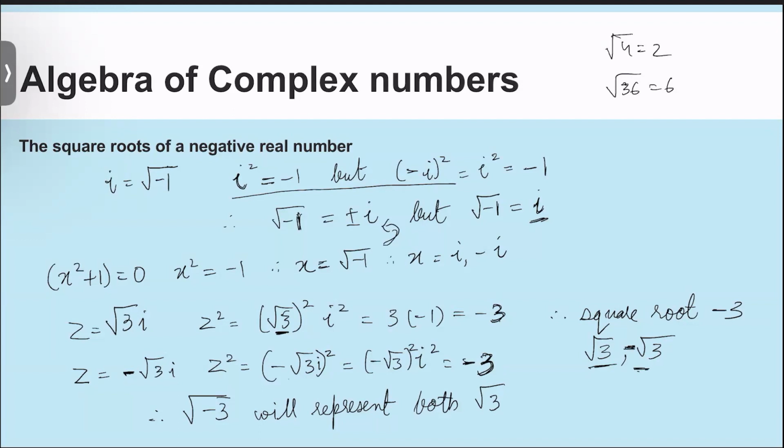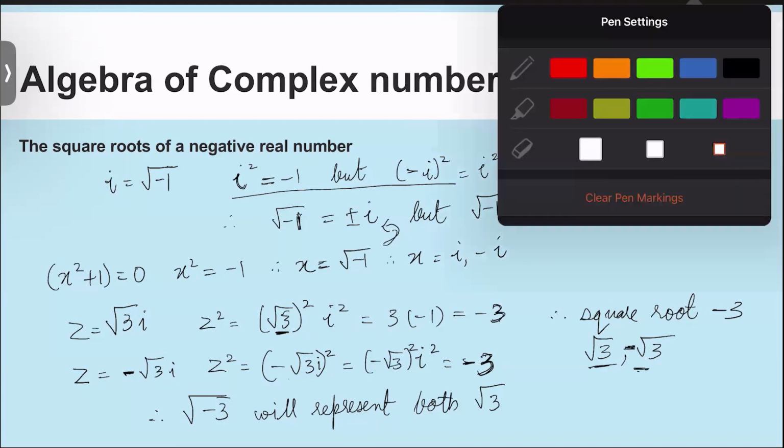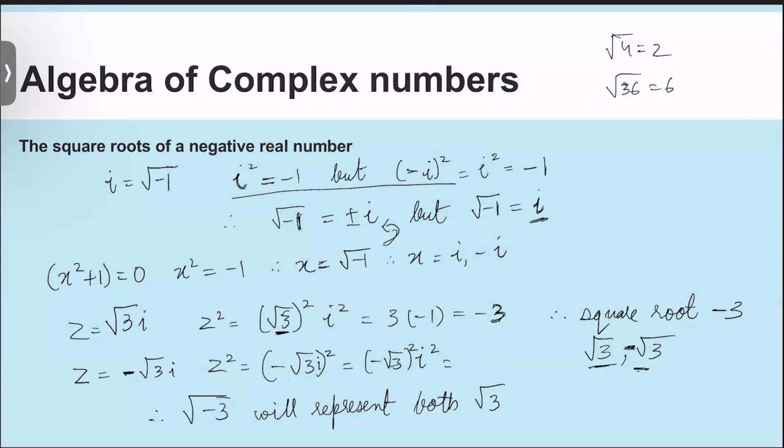If you expand this, I'll expand it so it's easier to understand: when you multiply minus root 3 i into minus root 3 i, the negative sign turns positive, and what you are remaining with is 3 and i squared, which is minus 1. So again it is minus 3.